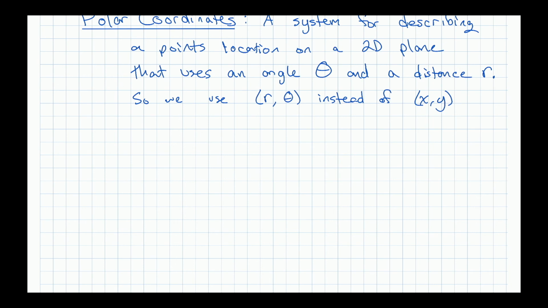Okay. Let's define this a little bit better though. So let's see here. What does it say? So theta is going to be an angle measured in radians. So we're in radians. We're not going to be using degrees. So measured in radians, and it's going to be in standard position.